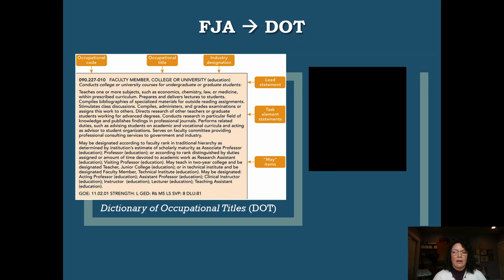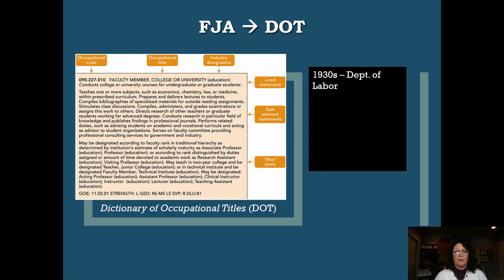The Dictionary of Occupational Titles was created back in the 1930s by the Department of Labor. And using functional job analysis, they developed these entries into the Dictionary of Occupational Titles that all have these characteristics. There's a code for everything. There's an occupational title. There's an industry designation.